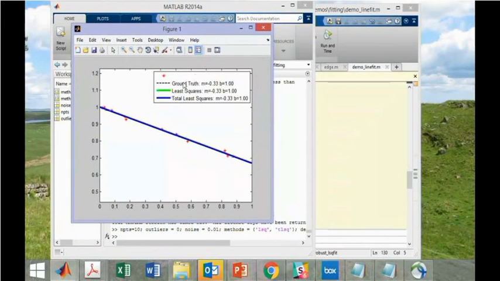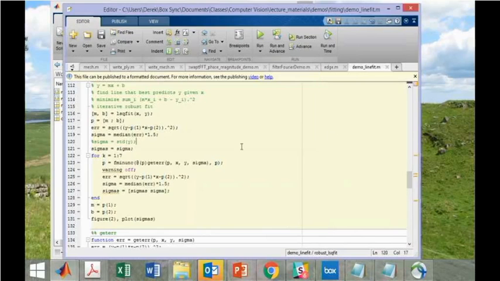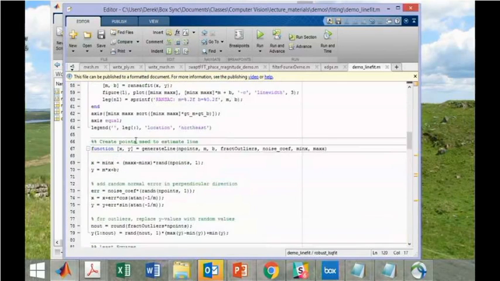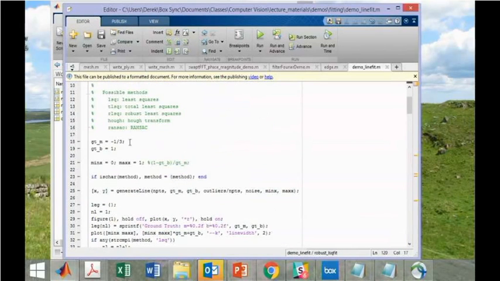I just generated 10 points according to a small amount of noise. Now we can see what happens as we increase the noise. Also, I'm going to change the slope here to -2.